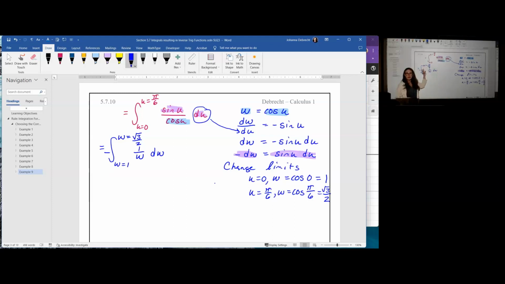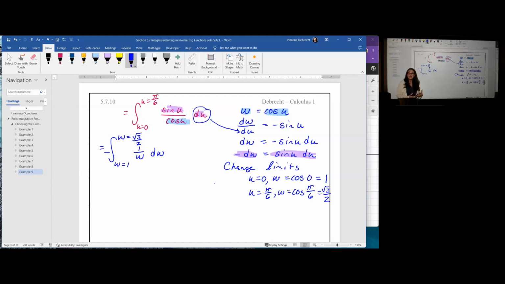Now you have to find an antiderivative for 1 over w with respect to w. But remember, you cannot use the power rule on this particular one, x to the -1, because it would result in dividing by 0, which should remind you that, oh yeah, this is one we know.